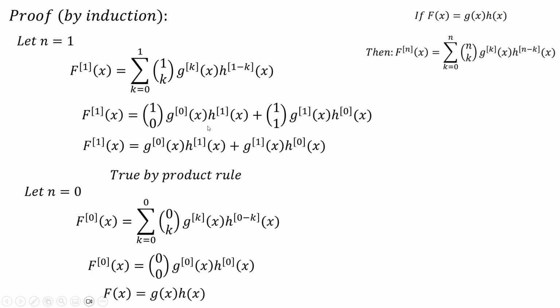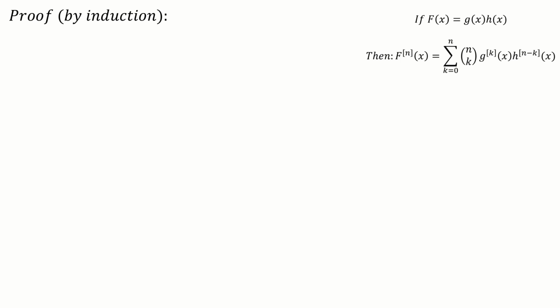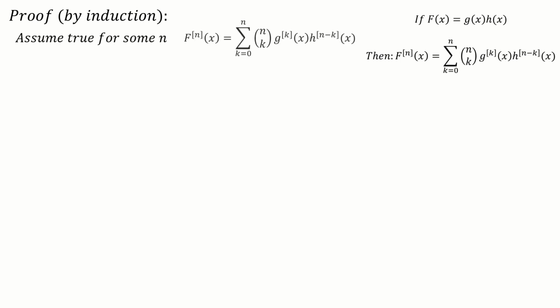Cool, so now we've done the base case, we're going to assume, this is the assumption step of course, that it's true for some n. So we're just going to assume that this is now true. And we'll consider what happens if we try n plus 1. All right, so let's make this assumption. Let's see what happens for n plus 1. So let's consider f differentiated n plus 1 times.